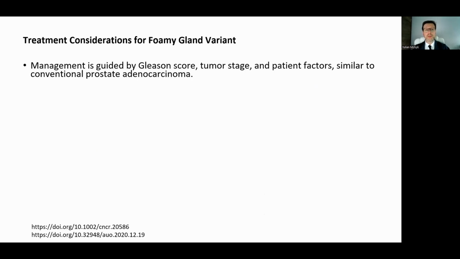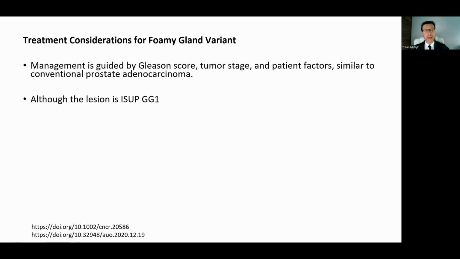If we talk about treatment considerations in the foamy gland variant of prostate cancer, the management is generally guided by the Gleason score, tumor grade, and patient factors, and is similar to conventional prostate adenocarcinoma.